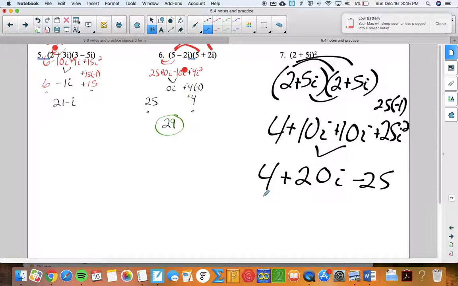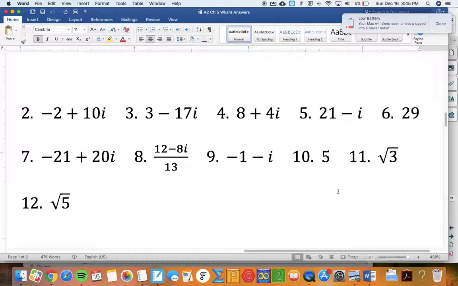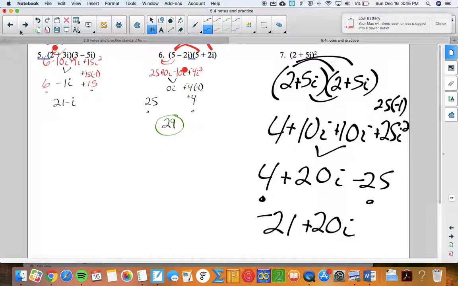So when we combine our integers, we get 4 minus 25, which is -21, and then bring down your 20i. Let's see if I did that one right. Good. Alrighty, let's keep rolling.